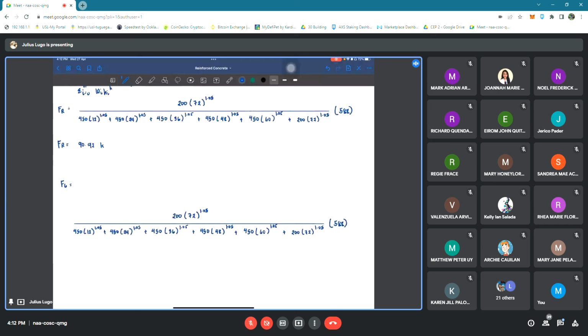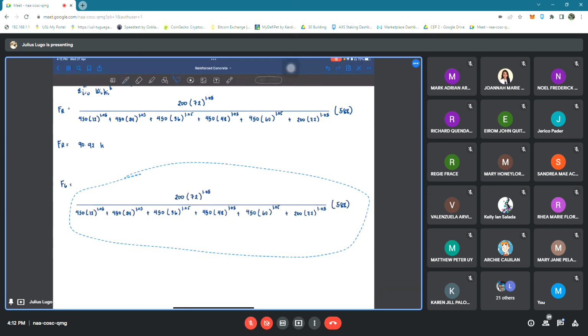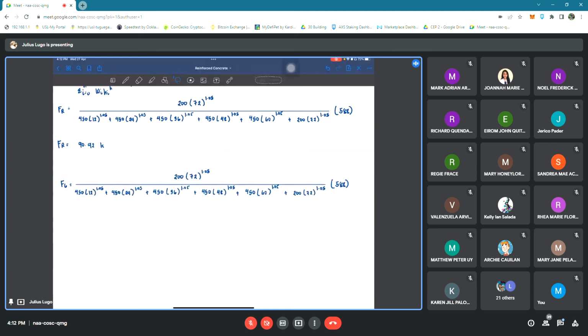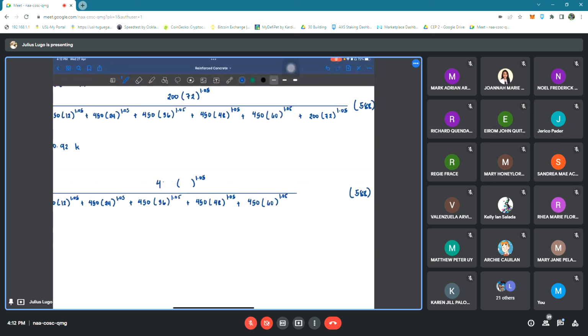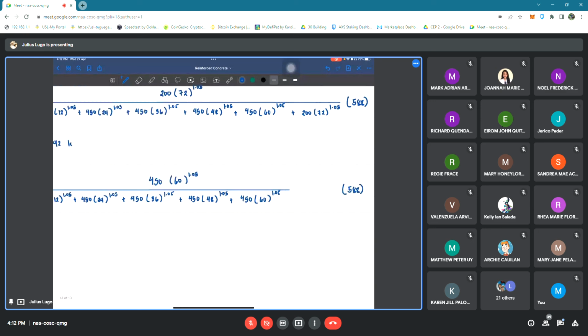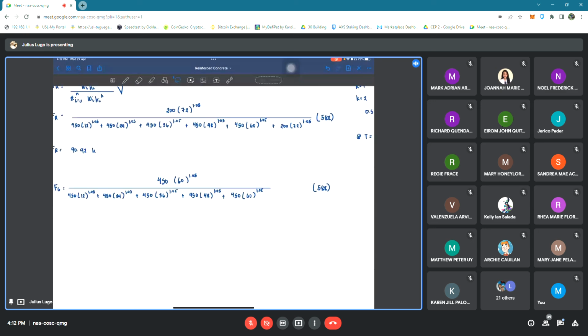And this one is now equal to. Okay, so ang gagawin natin to guys, we just remove yung last row, kasi hindi kasama yung roof sa 6th floor. Ayan, and then papalitan natin ito ng 450. And then this one is 60. Okay, ayan.